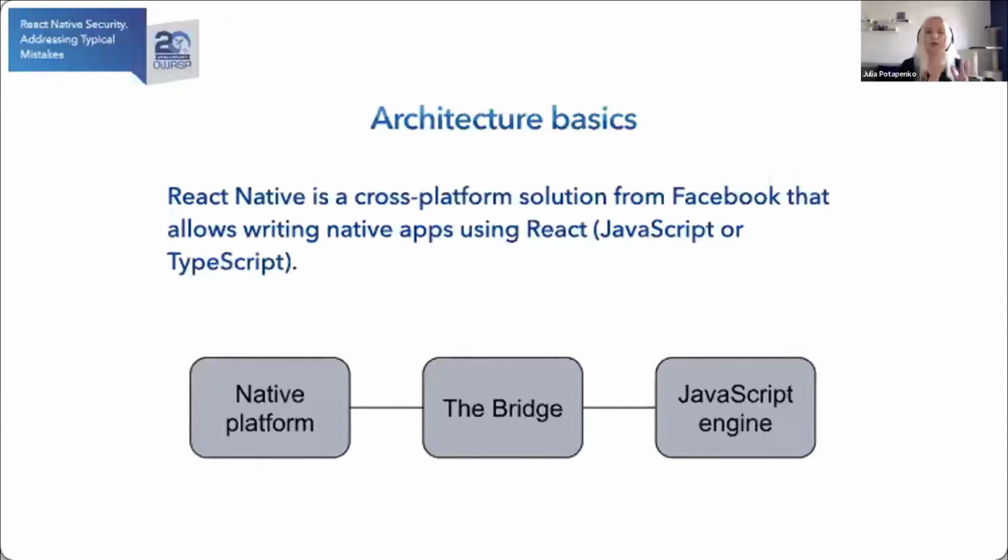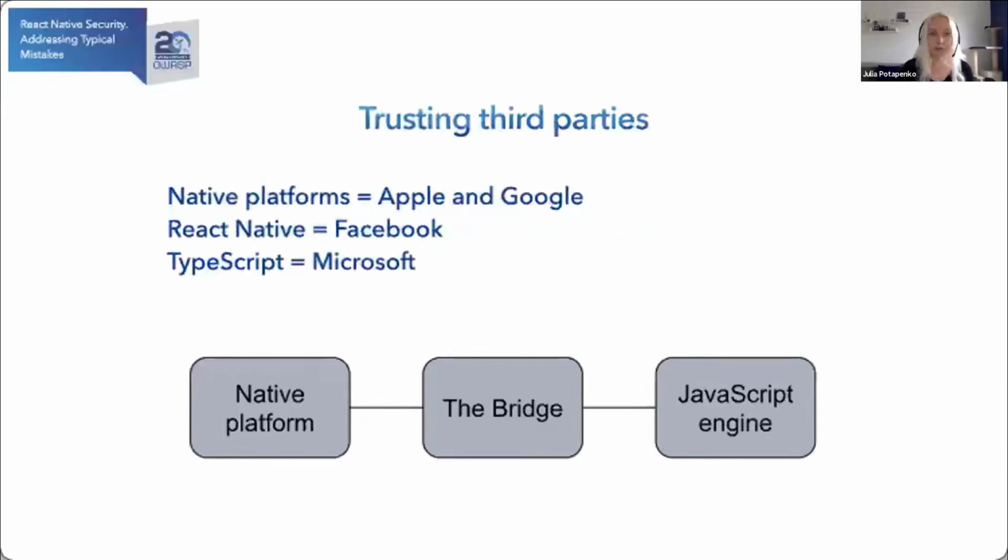So we have native platforms, iOS and Android. We have a JavaScript engine. It can be custom or it can be a native one. And we have this component, the bridge, written by Facebook, that handles messages between the native platform and the JavaScript engine.